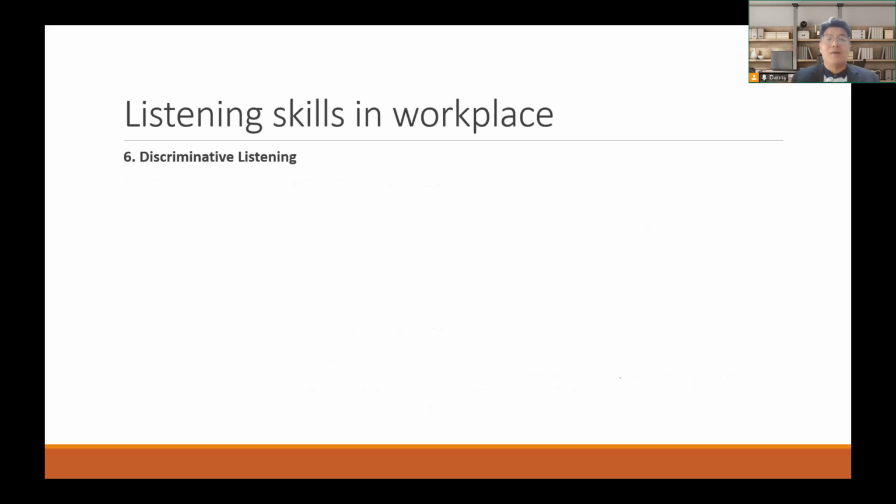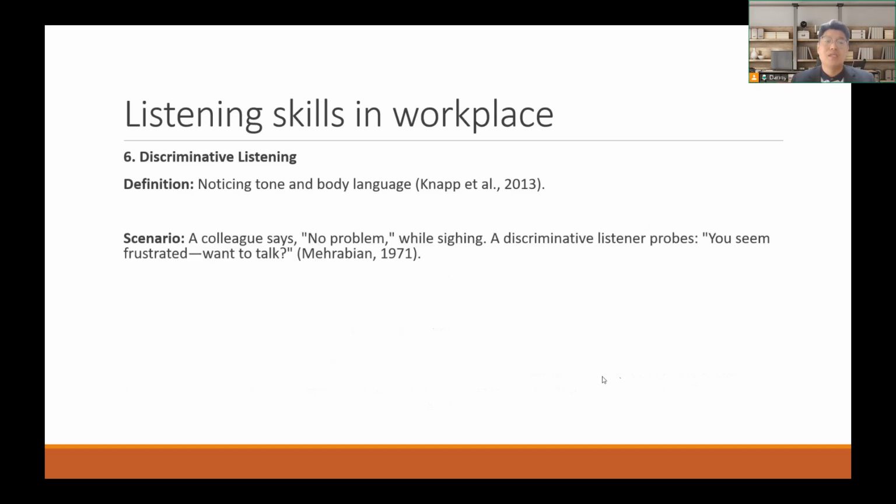Number 6, we have discriminative listening. These listeners notice the tone and body language, even more than the verbal ones. Let's see an example together. A colleague says, "No problem," while sighing. This word is very important: sighing. You can see the body movement and also the emotions shown here. A discriminative listener probes, "You seem frustrated, want to talk?"